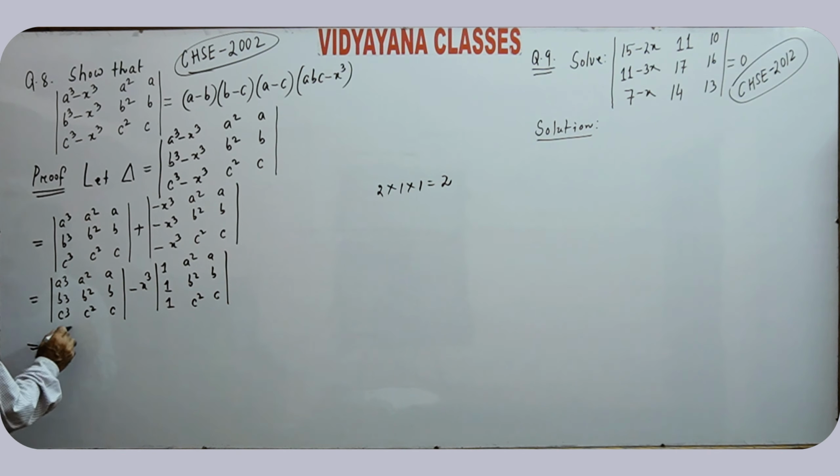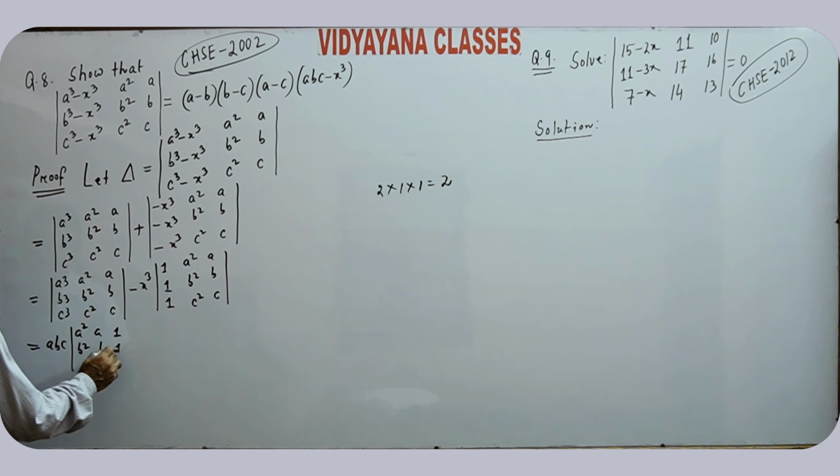ABC into the determinant 1, A square, A, 1, B square, B, 1, C square, C, 1.